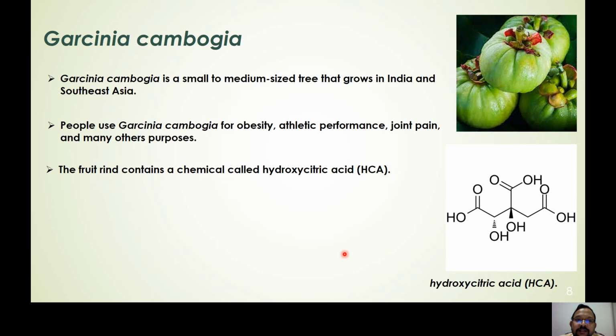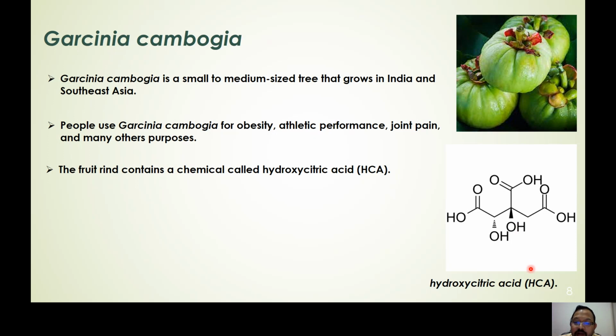Normally Garcinia cambogia is mostly found in India and some Southeast Asian countries. This Garcinia cambogia can be useful to decrease body weight in obese patients and also decrease joint pains. From the Garcinia cambogia, one of the main compounds is hydroxycitric acid, HCA.